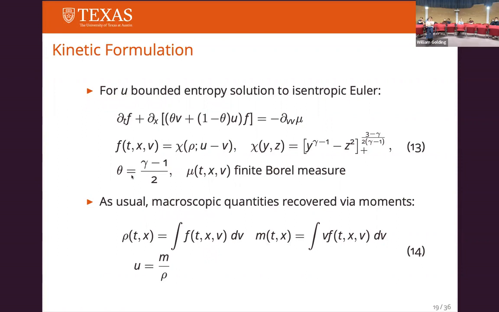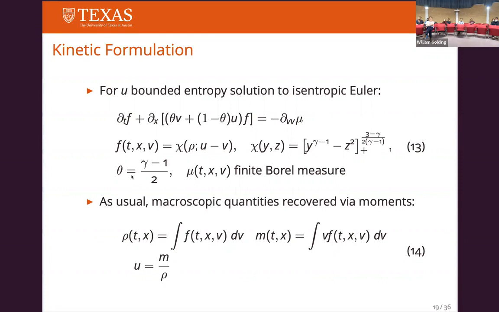So there is a nice result due to Lions, Perthame, and Tadmor, which says that for isentropic Euler, you can sort of reconstruct the kinetic function in some sense. Given a bounded solution to Euler, you can write down this function f, which will satisfy a kinetic looking equation.